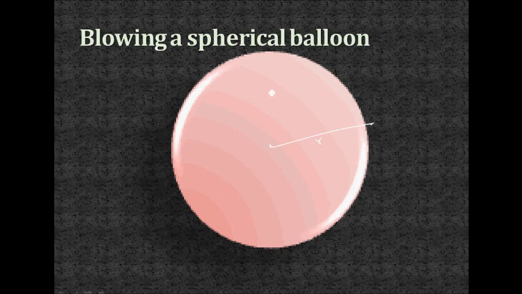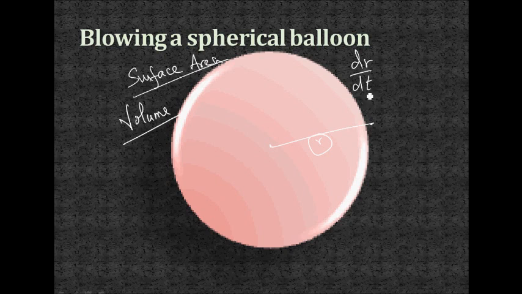As the radius increases, the surface area increases because it's three-dimensional, and so does the volume. So these are the three things that change inside as the balloon gets bigger and bigger.